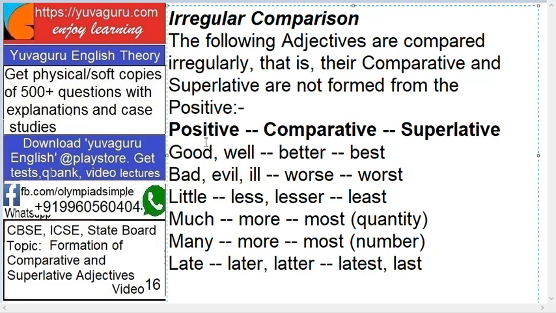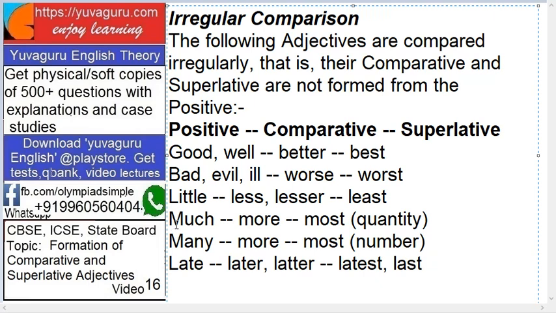Why? Say this, good. Will you say gooder or goodest? No. Good, better, best. Well is also the same. Better, best. Bad, evil, ill, all the three words: worse, worst. Little. Do you say littler, littlest? No. Then you say lesser, least.